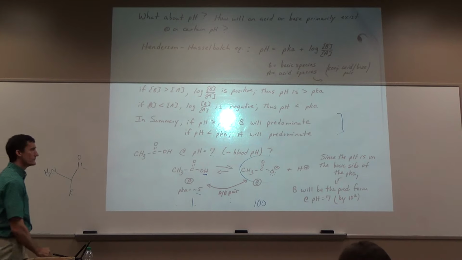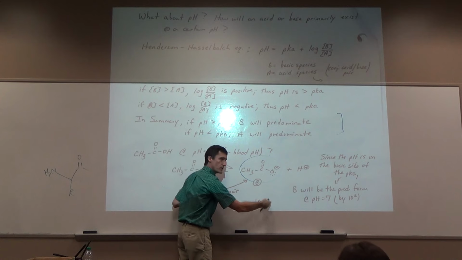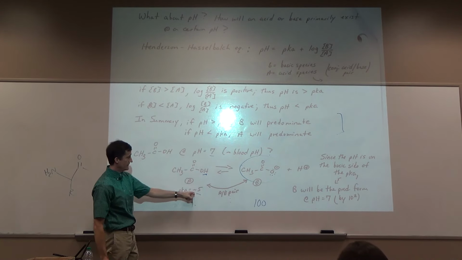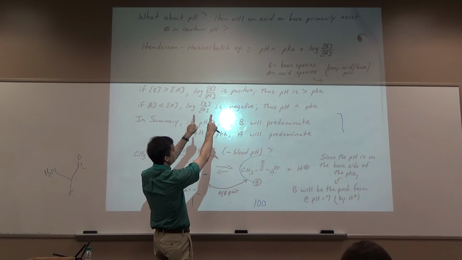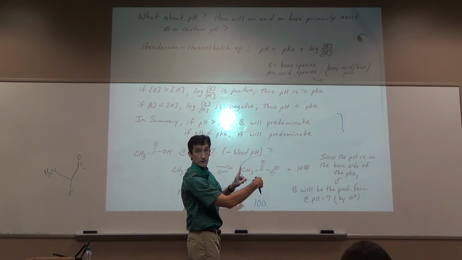Okay? If you make the pH higher, this will predominate more and more and more. What if the pH was 5? It'd be 1 to 1. Because if pH was 5 and pKa was 5, that means log of B over A would have to equal 0.